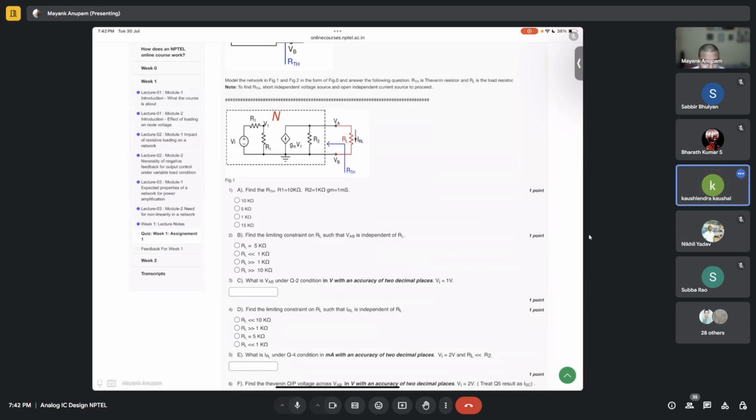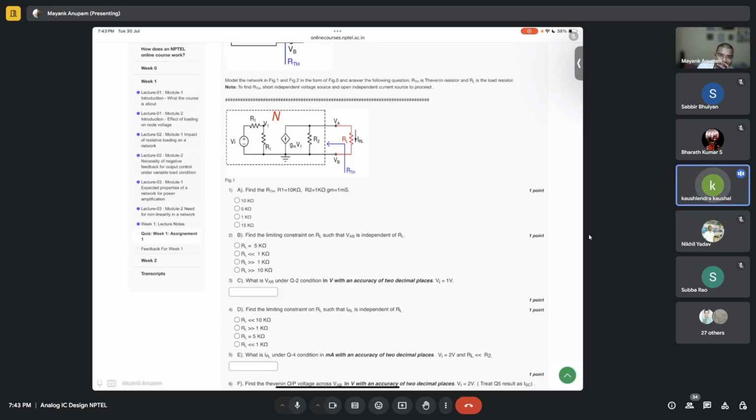What is VAB under QT condition in voltage with an accuracy of 2 decimal, if V in equals 1 volt? So if I see the waveform, it is being asked what is the V Thevenin if V1 is 1 volt, if I have correctly understood the question.